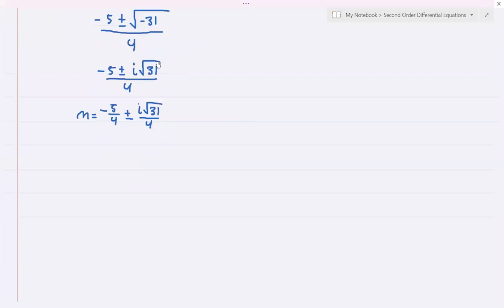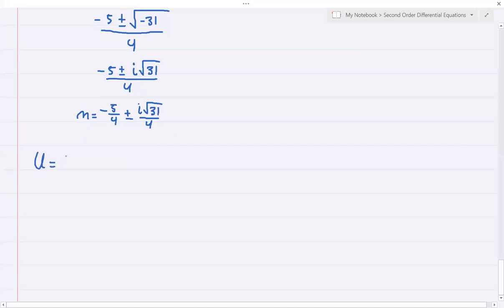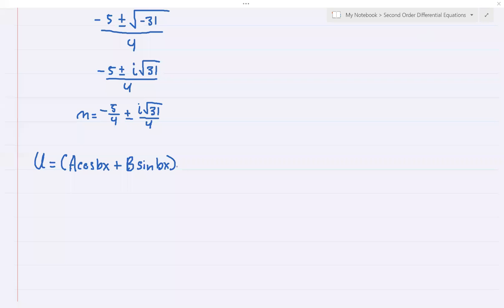Since we have two complex roots, we will have your u as a times cosine of small bx plus b times sine of small bx, times e raised to small ax.